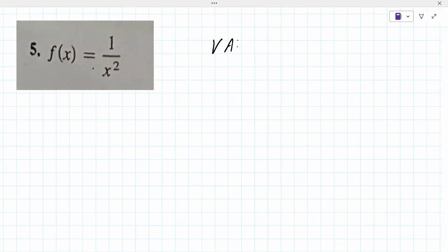The vertical asymptote, that's going to be x equals 1. You're setting the bottom equal to 0.